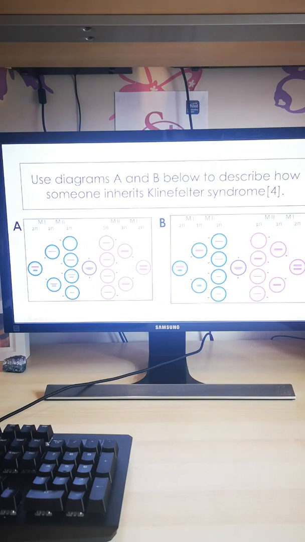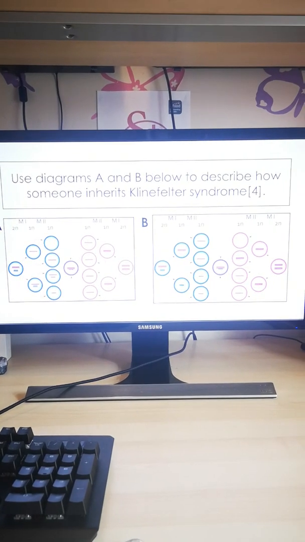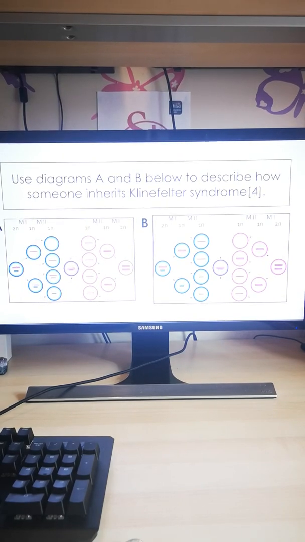Okay, so as a bit of a challenge, I found this diagram online because we haven't had any really good exam questions yet on non-disjunction mutation. I've got one example I'm holding back for a homework, but this is a similar sort of thing to what they could ask.